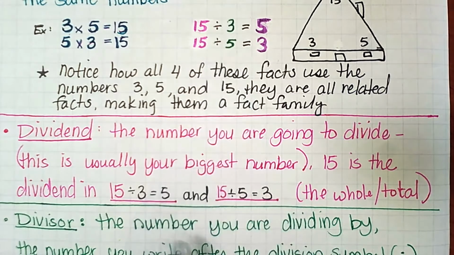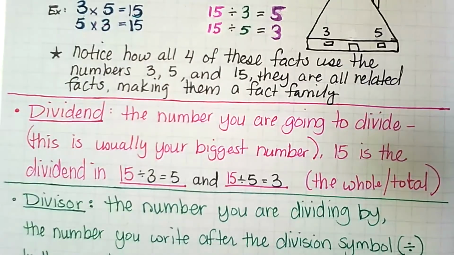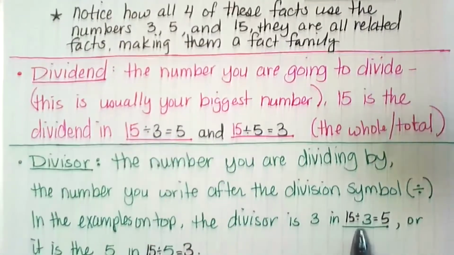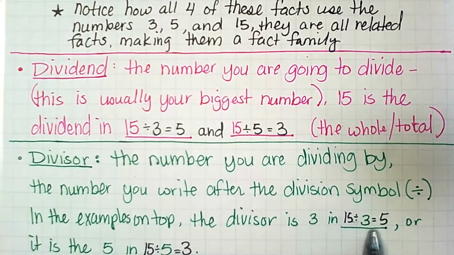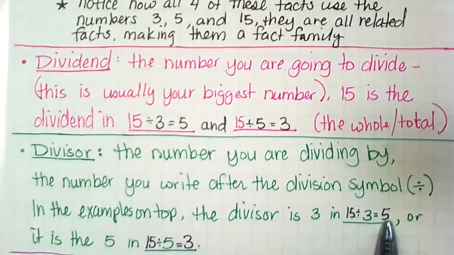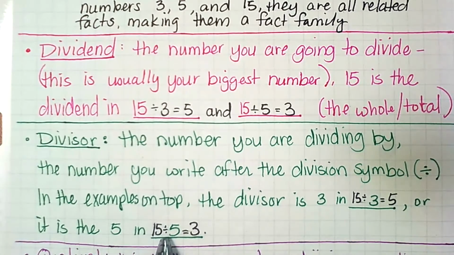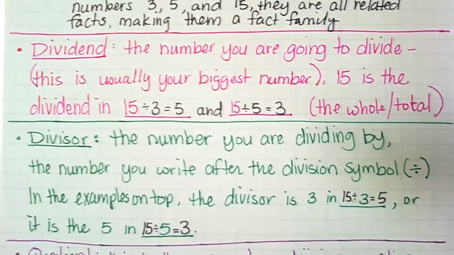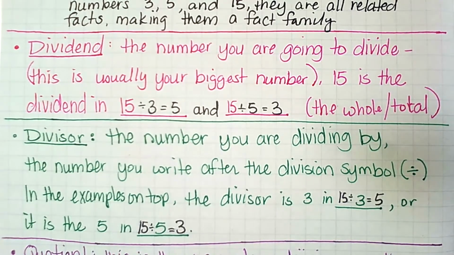So over here, I know that my divisor in this one is going to be 3 because 15, I'm dividing it into 3 groups. It's going to equal 5. Or in this number sentence, my divisor is going to be the 5. 15, I'm dividing it into 5 groups. It's going to equal 3. So your divisor is the number that you're going to break it apart into. How many equal groups? The number that you will divide by.